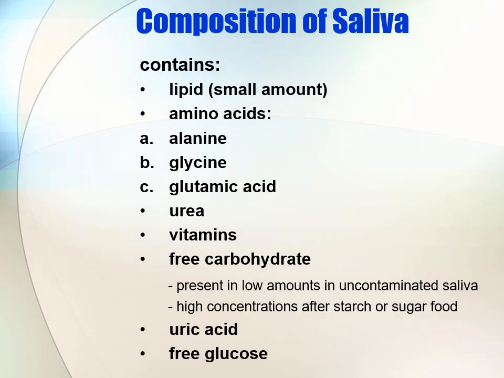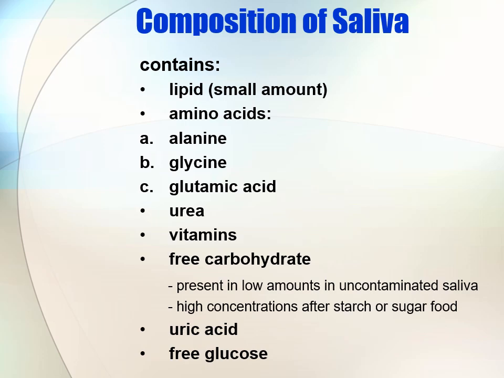Besides what I have mentioned for the organic constituents, saliva also contains a small amount of lipid, and amino acids such as alanine, glycine, and glutamine. Saliva also contains urea, vitamins, and free carbohydrates.